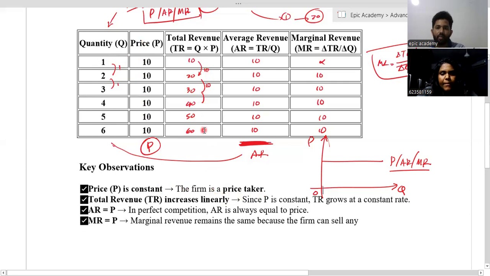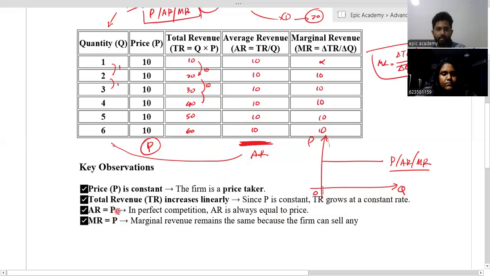Yes, it increases. Why? Because quantity increases. Since P is constant, TR goes up at a constant rate, changing by 10, by 10, by 10. It increases at a constant level.